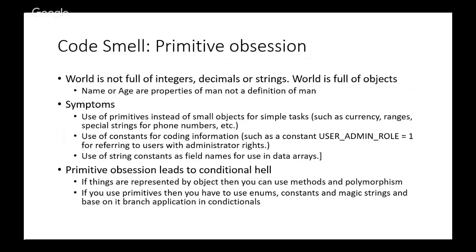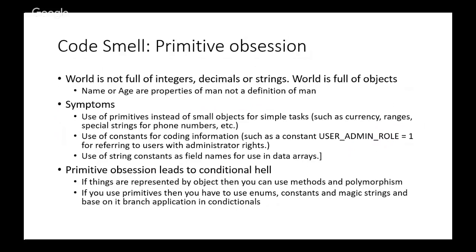But in the world, we don't have primitives. We don't have numbers. Numbers and strings and things like this describe something in the real world, but it's not definable by them. So when we have a human, the property is age, the property is, I don't know, height or first name, last name, but it's a human.